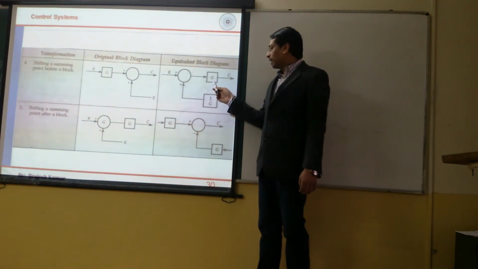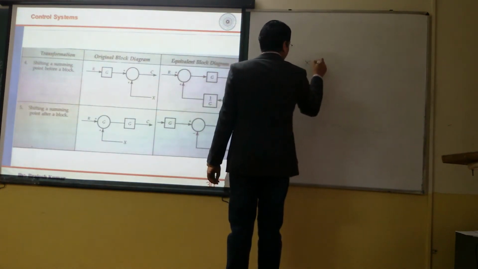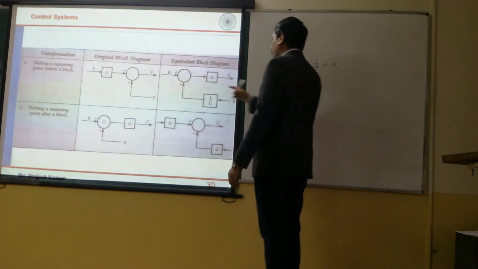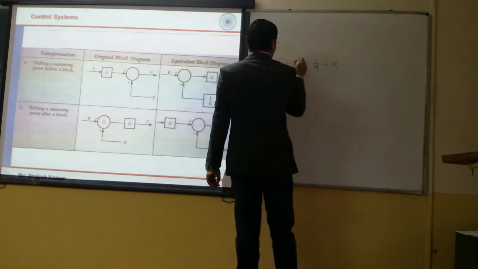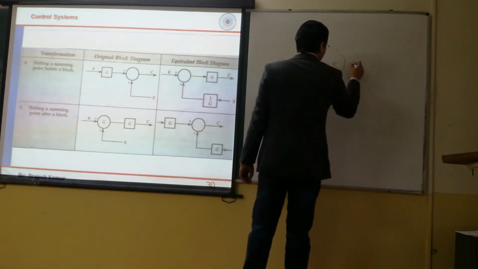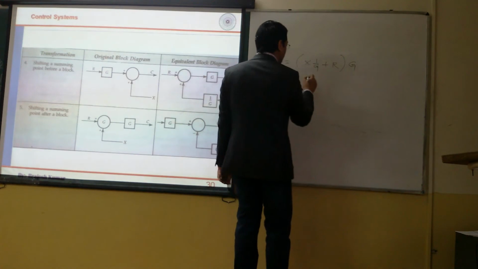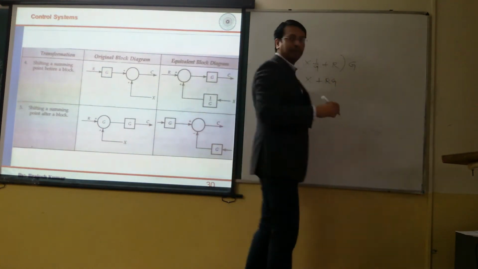And the output C will be multiplied by G itself. So this G and this G will cancel out, and you will get G times X plus R.